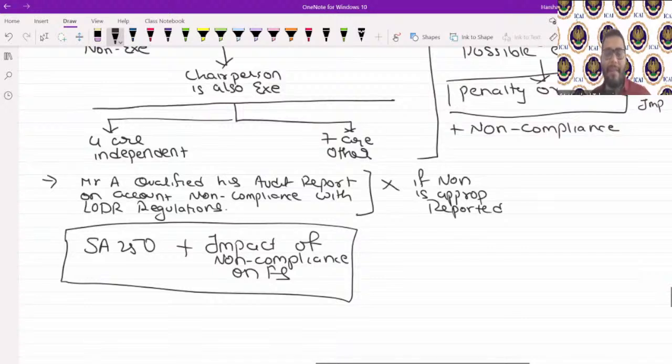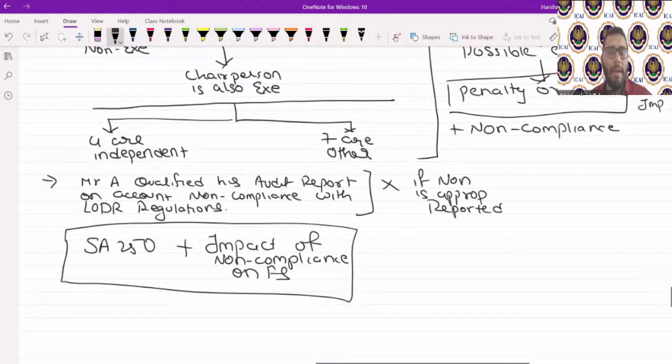To the extent there is a financial implication of penalty or fine, I can qualify after validating the impact of the non-compliance. But again, if the management has appropriately disclosed and provided that in the financial statement, then I don't have a ground to qualify when there is a non-compliance.